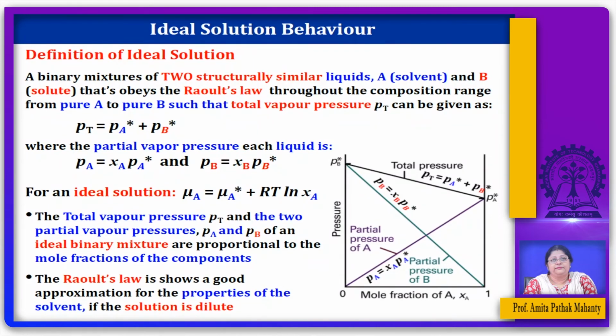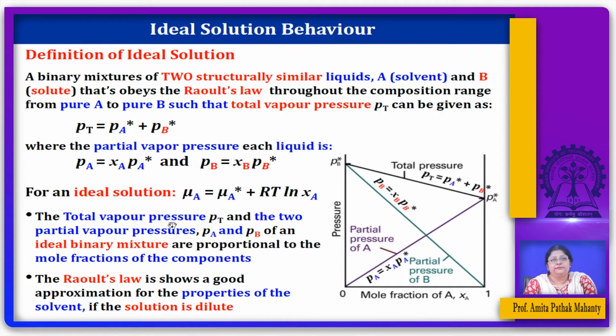So the condition which we have put in here is that Raoult's law is valid more so for the component in excess in a binary mixture, that means the solvent, if the solution is very dilute. That means the component B is very small.